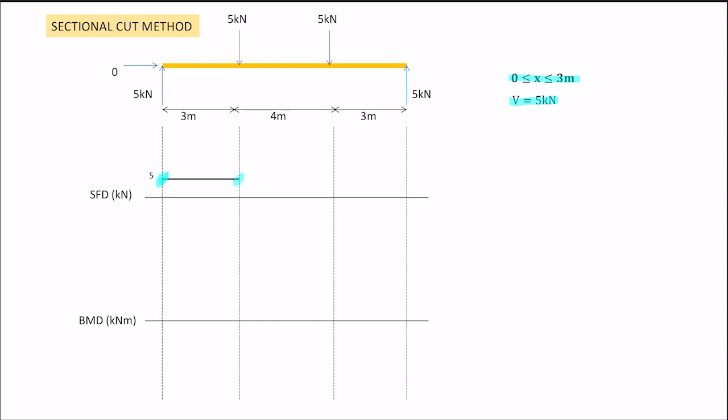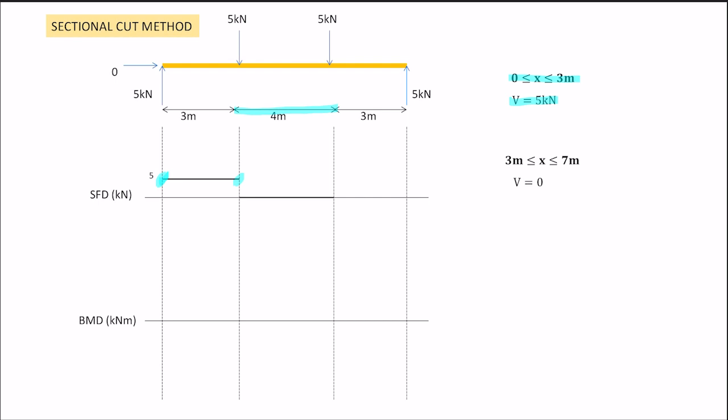For the next 4 meter tu, okay, ini adalah limit dia. X must be bigger or equal to 3 meter but less or equal to 7 meter. Meaning dari sini sampai sini, okay, we get V equal to 0. So dia jadi satu straight line sahaja. Memang sepanjang line tu, that is the value.